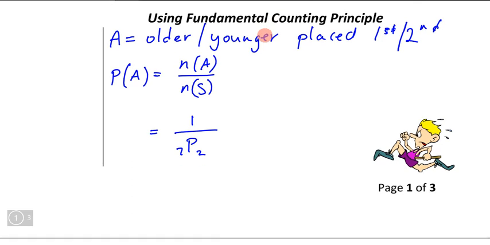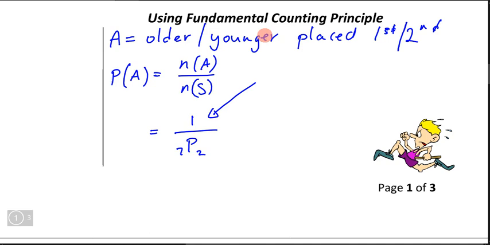I'm going to write here as a note: 1 represents the only one way this can happen, having the older brother in the first and the younger brother in the second spot.